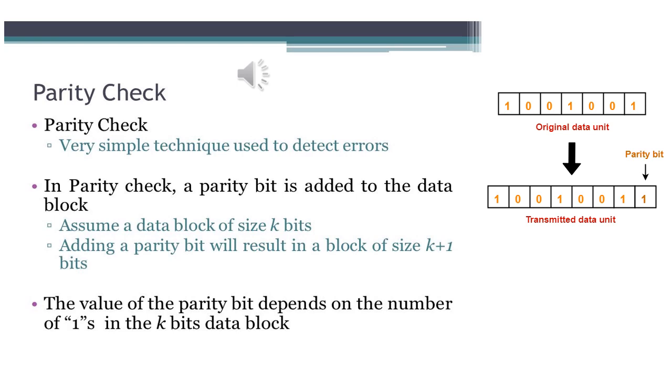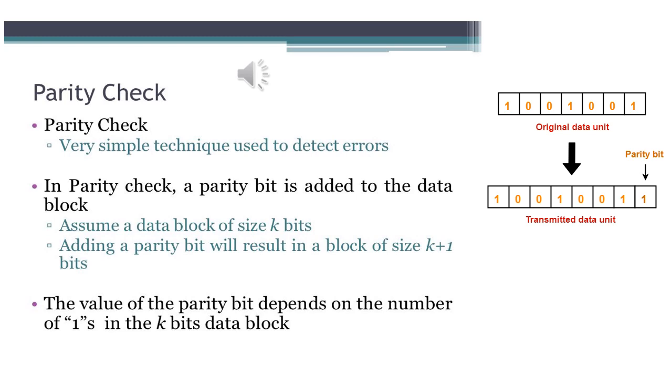In a parity check, a parity bit is added to the data block. Assume the data block is of size k; then adding a parity bit results in a block size of k plus 1. So one extra bit is added, which is treated as the parity bit.